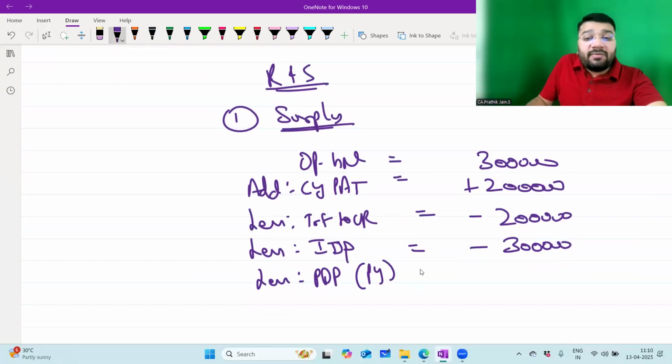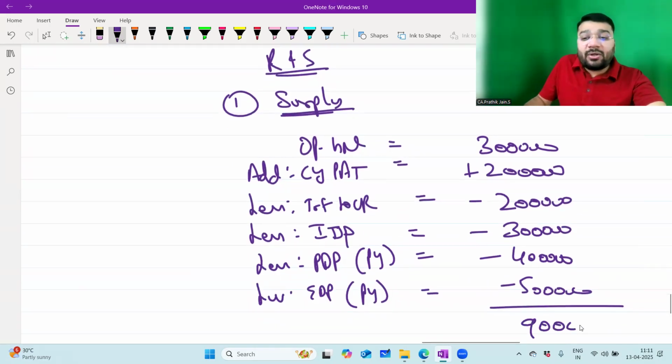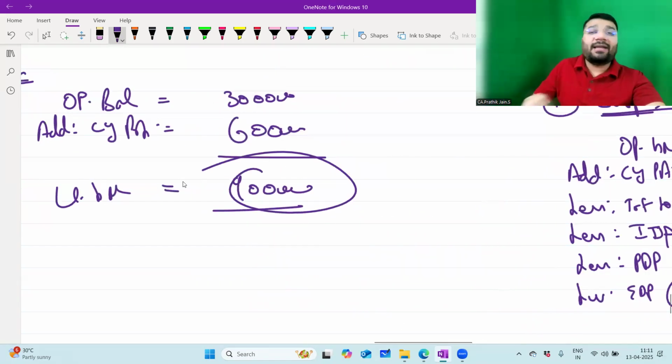Of which year? Previous year. How much? 4 lakhs. Less equity dividend paid, previous year. How much? 5 lakh. So what is my closing balance? 9 lakh is my closing balance. Here also the closing balance, what you got? Same 9 lakh. Any problem?